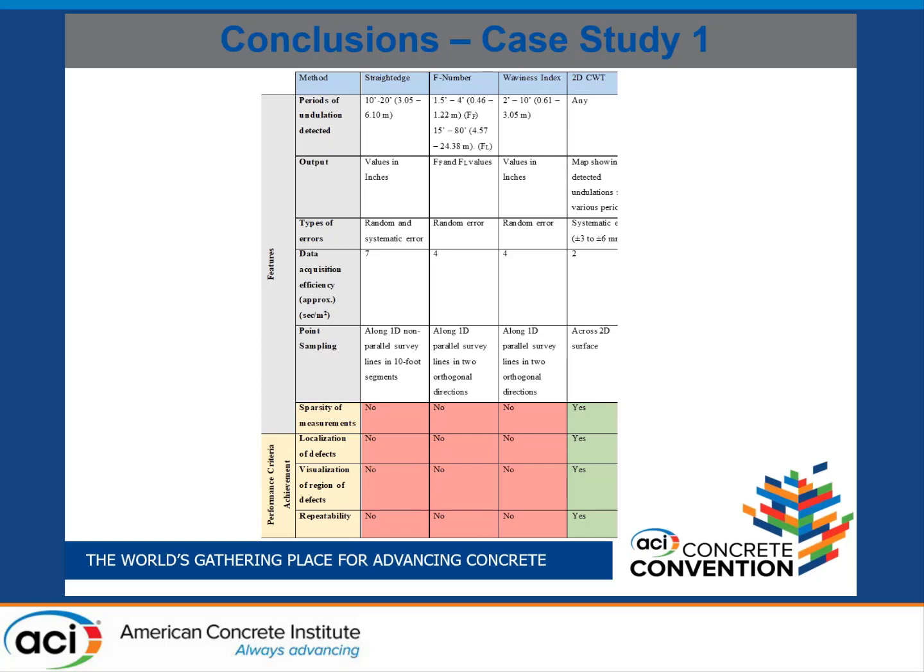The errors aren't random errors. There is some systematic error that comes from the laser scan instrument itself. The data collection is very fast, and the data is not sparse. You can get a dense point cloud and find those undulations for an entire surface, and you can also visualize that data.